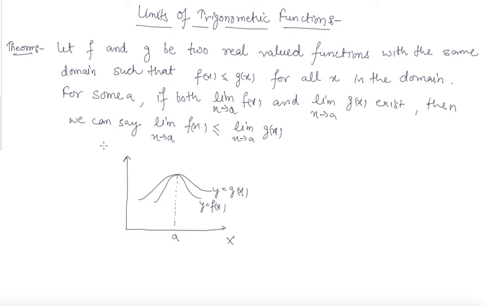This is your x-axis and y-axis, this is the origin. So this graph says that if limit x tends to a f(x) exists and limit x tends to a g(x) also exists, then limit x tends to a f(x) will always be less than or equal to limit x tends to a g(x). Okay, now let's discuss one more theorem which is called the sandwich theorem.